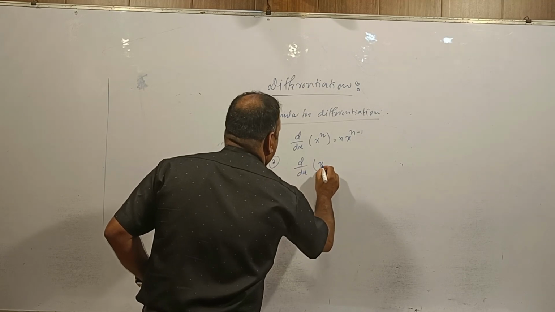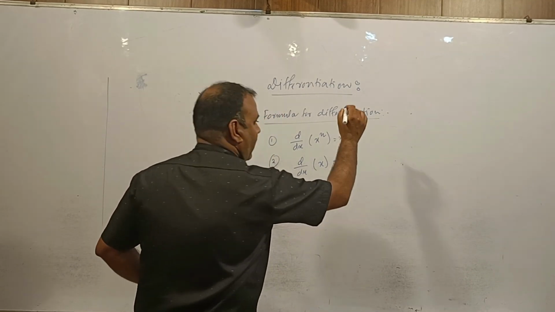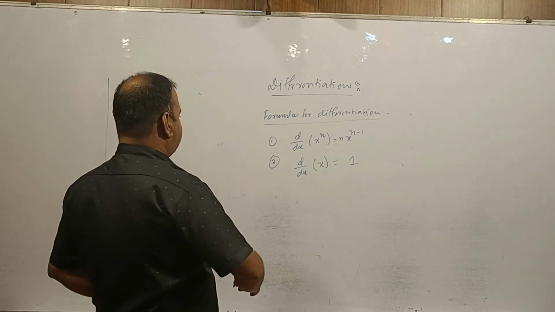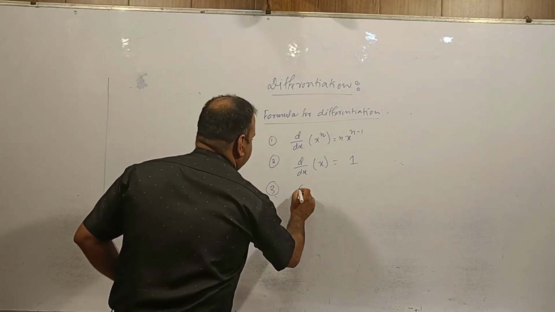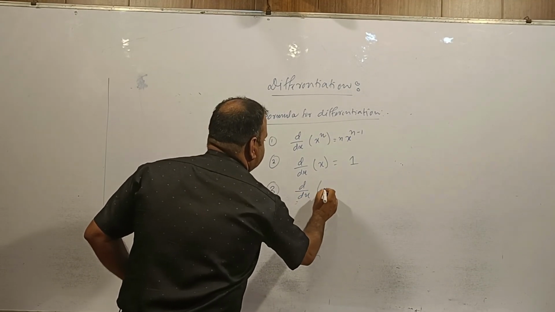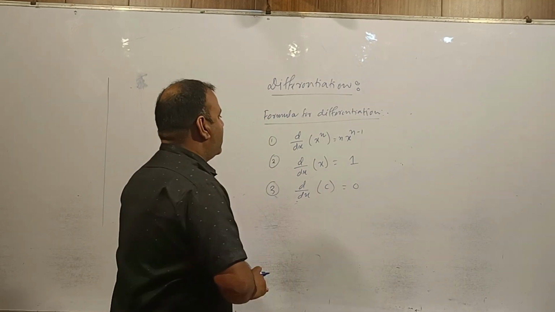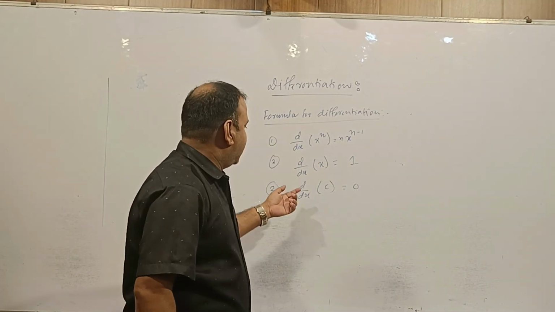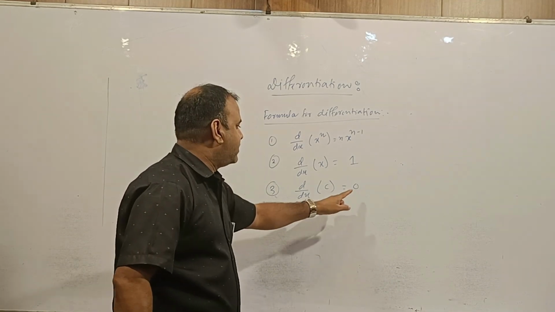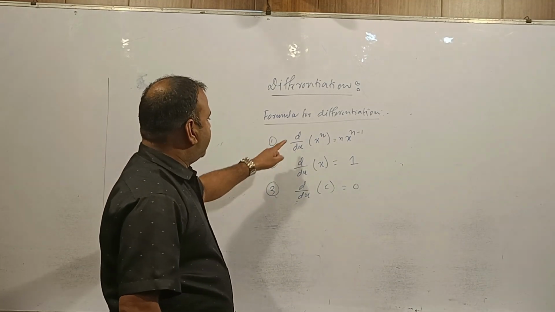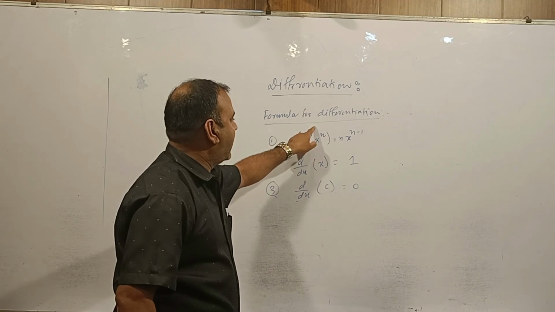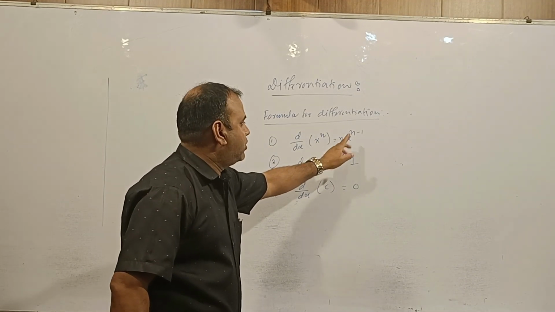Number two: d/dx of x is equal to 1. Number three: d/dx of c is equal to 0. Any constant term, the differentiation of any constant term will be 0. So d/dx of x to the power n is n x to the power n minus 1.